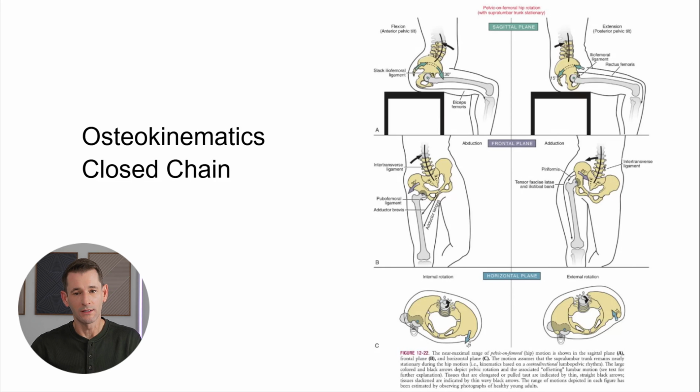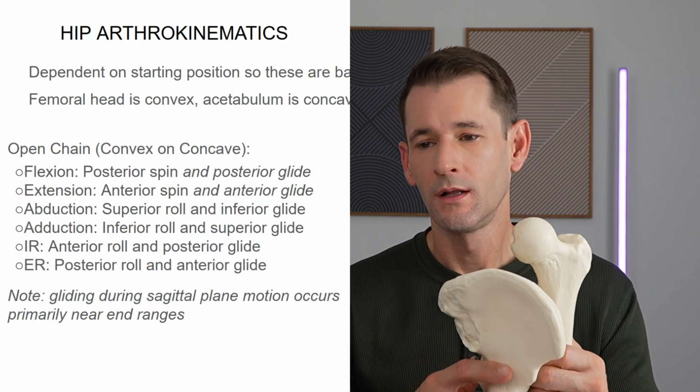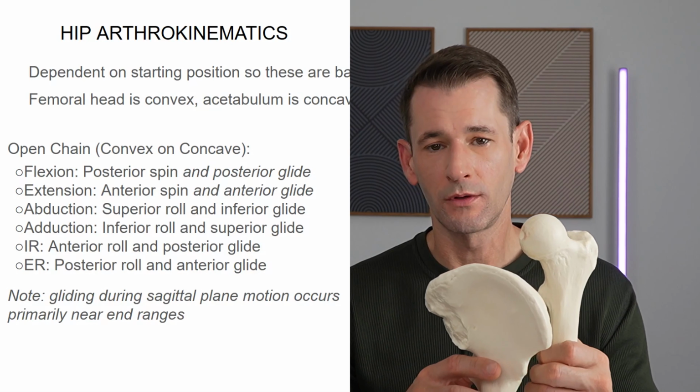If I'm, again, still standing on my right leg and I take my left side of my pelvis and I rotate it forward, that is internal rotation of that right hip. If I, again, still standing on my right leg, I let my pelvis rotate backwards, that's going to be external rotation of the hip.